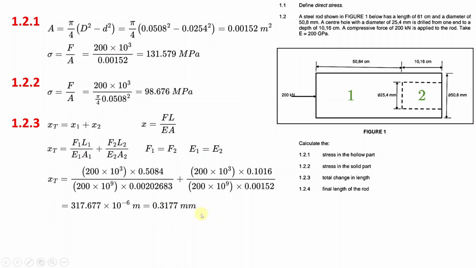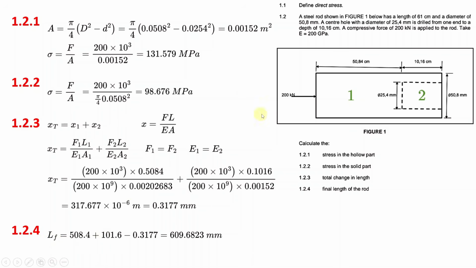To get the final length, we take the initial length and deduct the shortening, because this is a compressive force. So the final length of the object will be smaller than the initial length. If you do that, you will see that the final length of the object, which we call LF, will be equal to this plus that.